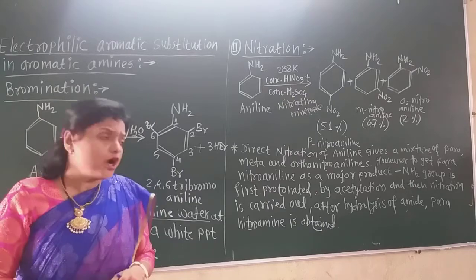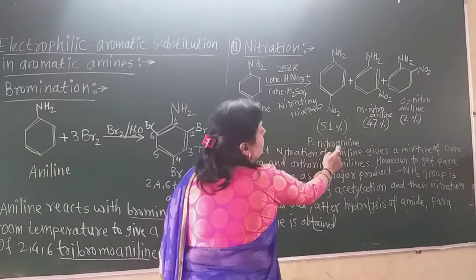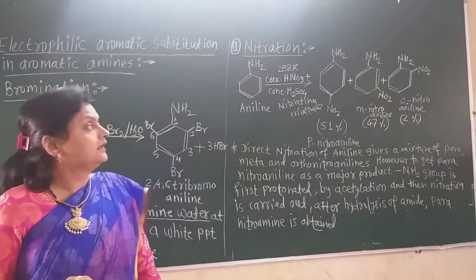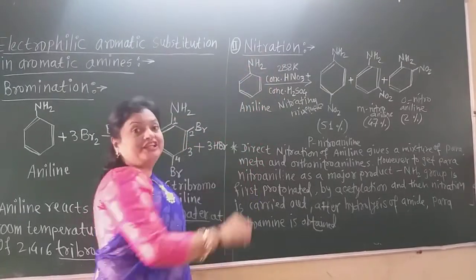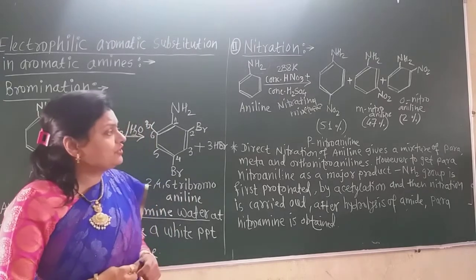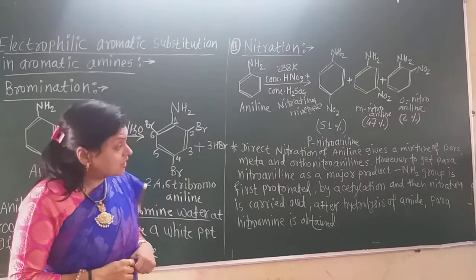But if we want to obtain a higher percentage of para-nitroaniline as our major product, then we first block the NH2 group by acetylation. That means direct nitration of aniline gives a mixture of para, meta and ortho-nitroanilines.